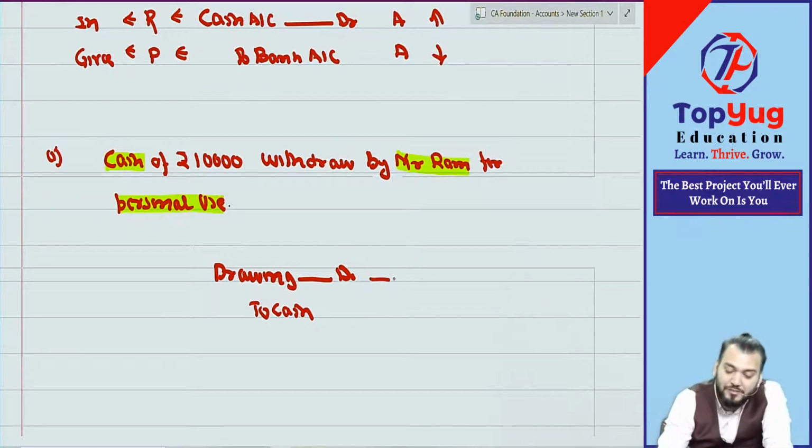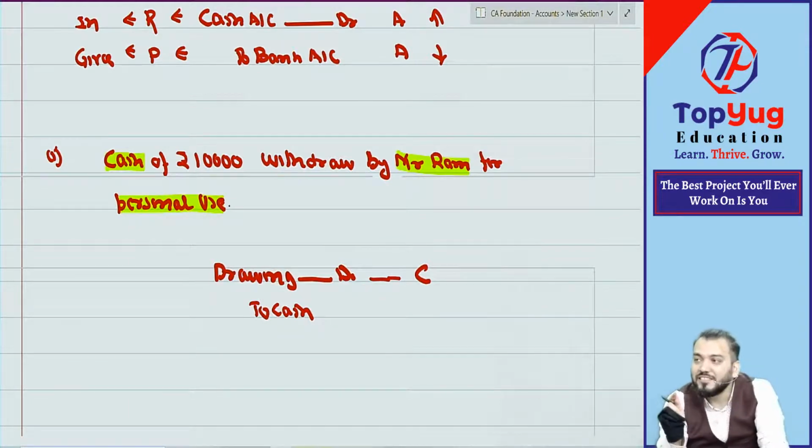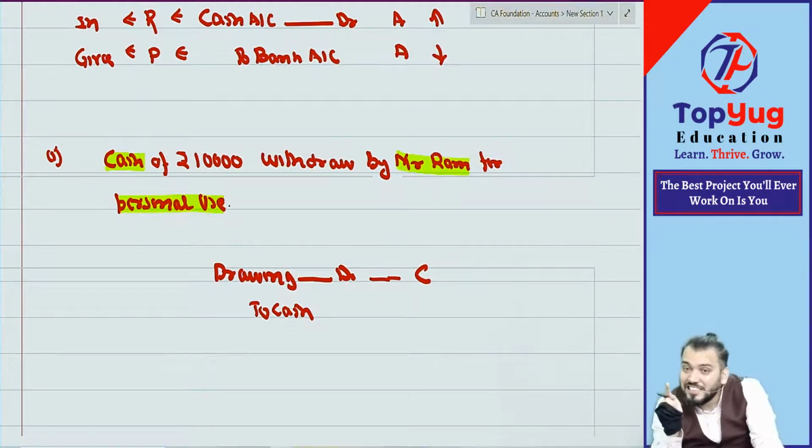For drawing. Drawing is what? Drawing represents whom? Ram. I said drawing is decreasing capital. Capital is increasing capital. So for decreasing capital, we are using what? Drawing.